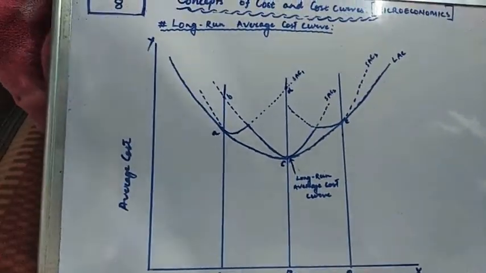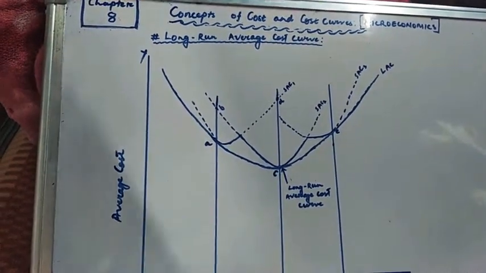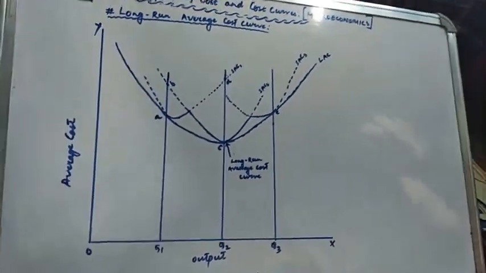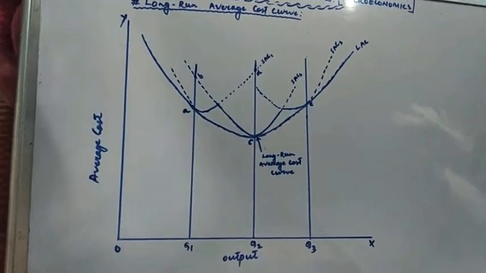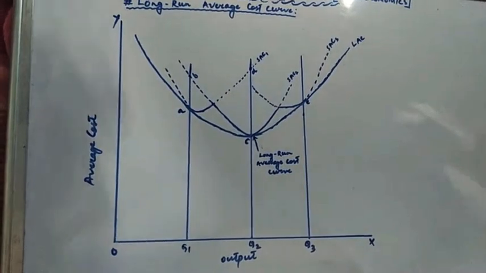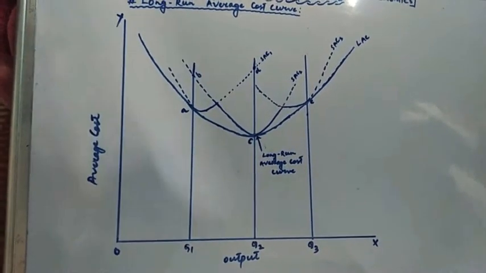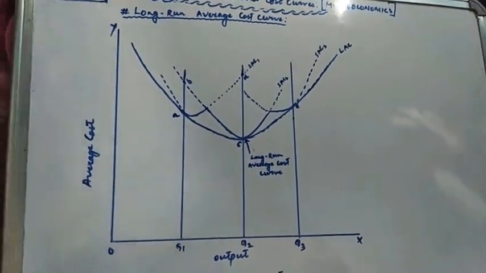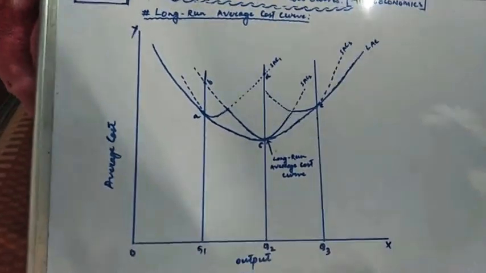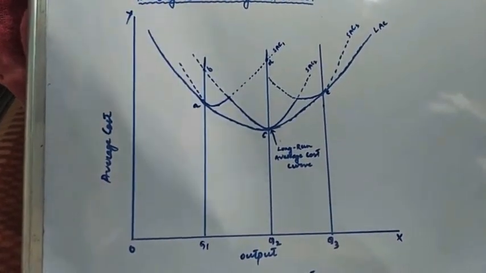And remember, a producer or a firm will produce any given level of output with minimum possible cost by using the optimum combination of factors of production. So that is the basic thing that a firm has to keep in mind while producing a product.